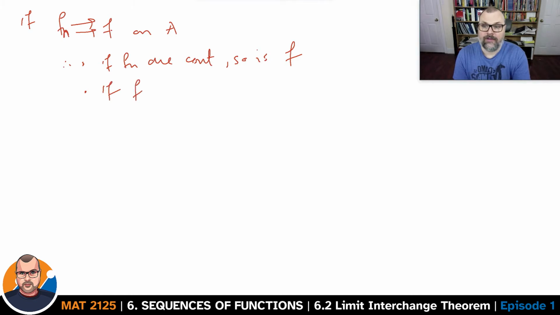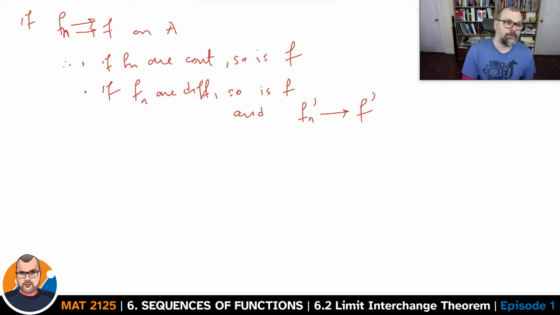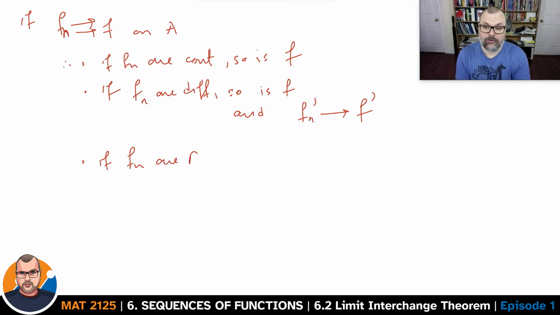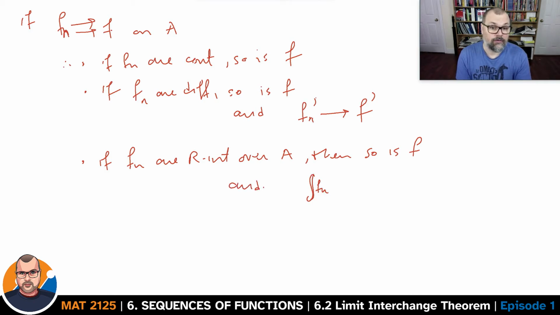If the f_n are differentiable, so is f, and on top of that, the derivatives of the f_n's go to the derivative of f. If the f_n are Riemann integrable over the interval [a, b], so is f, and the integrals of the f_n's go to the integral of f. So these will be the three theorems that we will prove.